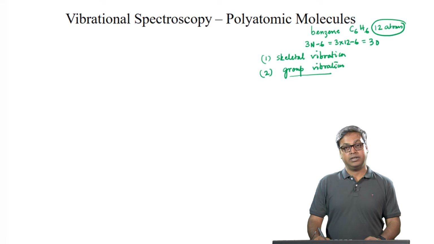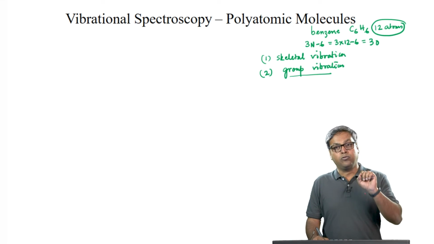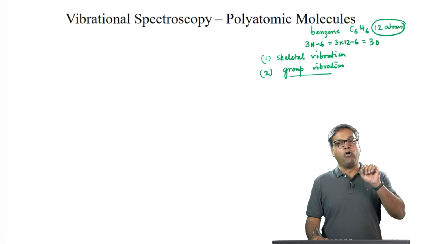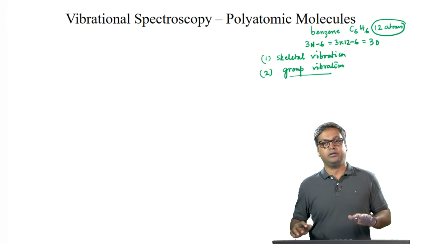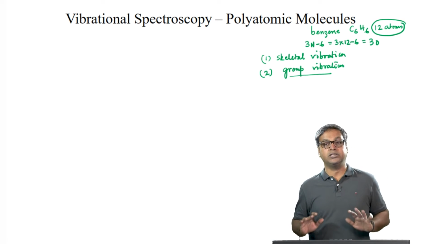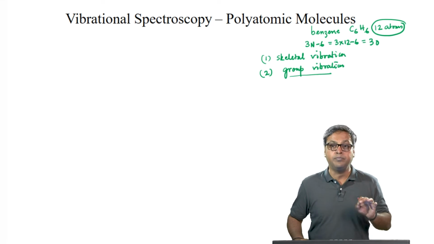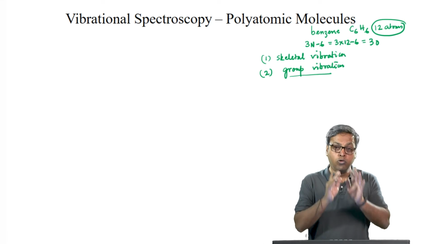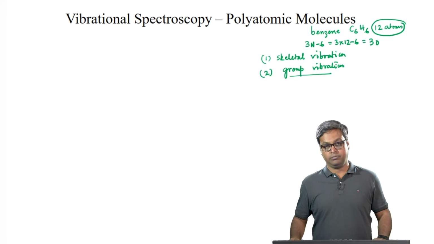In other words, the characteristic group vibrations are almost independent of the structure of the molecule as a whole and just depend on the structure of the group undergoing vibration.